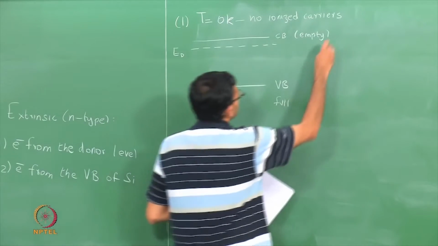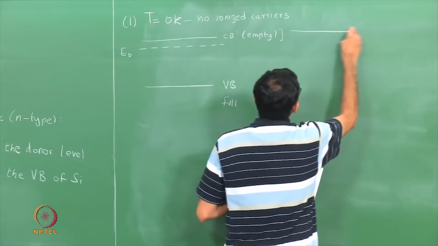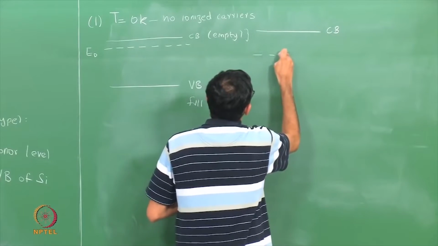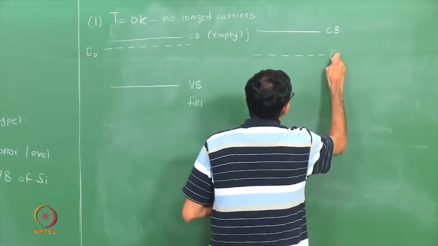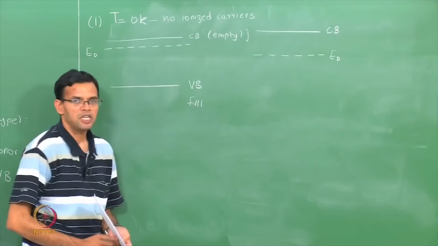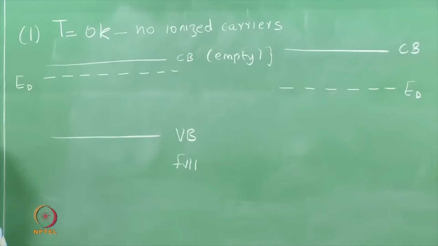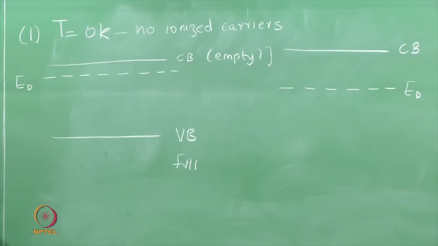We can expand this portion of the diagram, so that now I will draw the conduction band, I will draw my donor level. At temperature equal to 0 Kelvin and at temperatures very close, you are going to have a negligible number of electrons coming from the valence band.